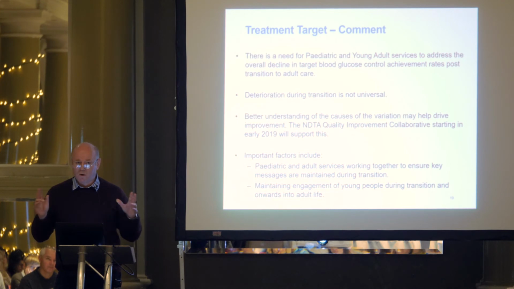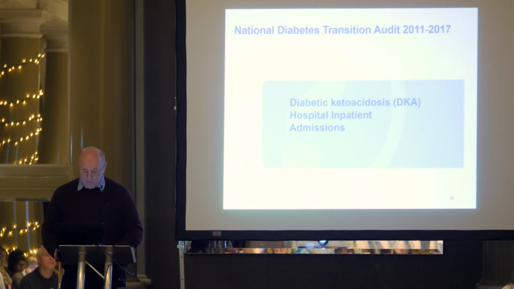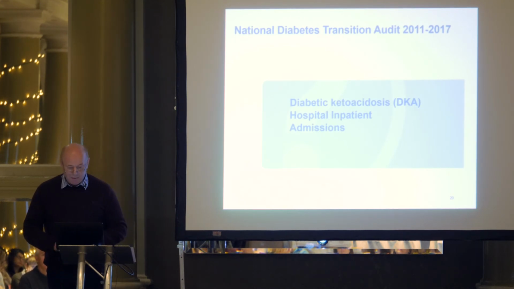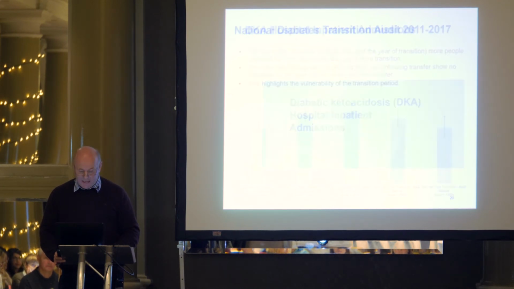We all know about this so-called lost tribe that disappear and then reappear in their mid-20s with retinopathies, microvascular disease. We need to keep them engaged. So finally, diabetic ketoacidosis, hospital admissions. These are not at diagnosis, these are recurrent episodes of DKA.